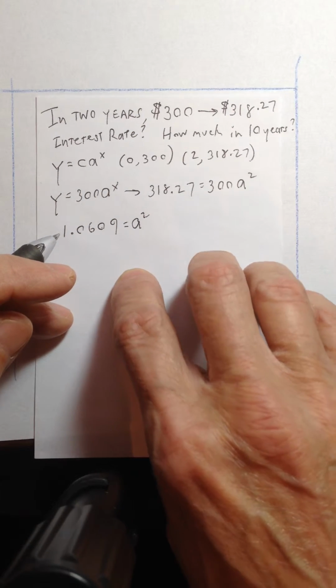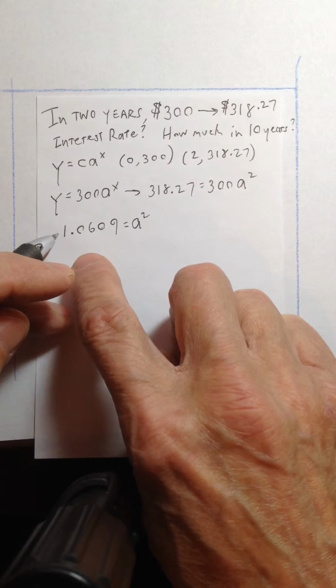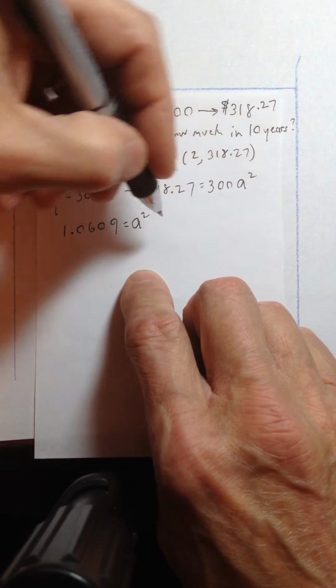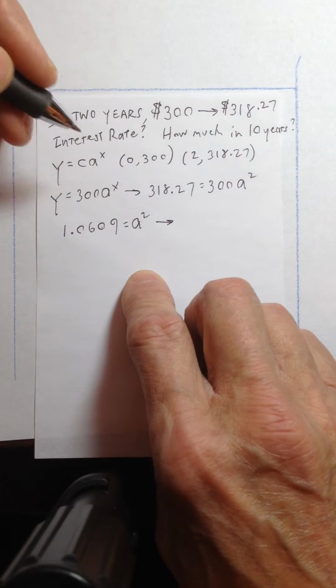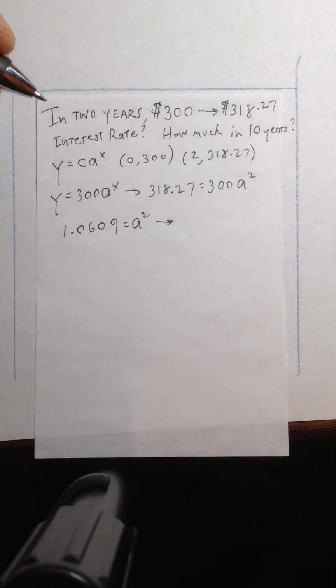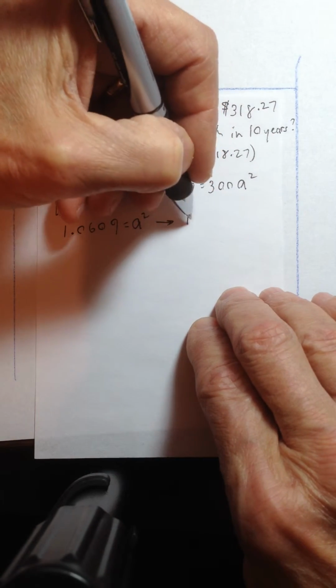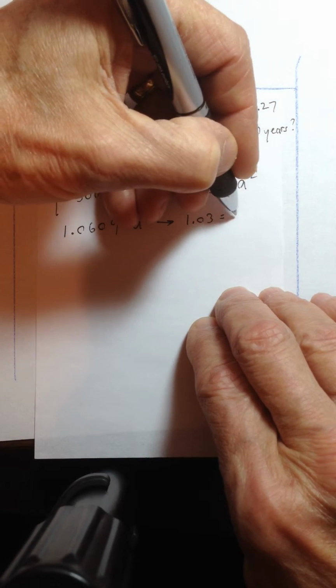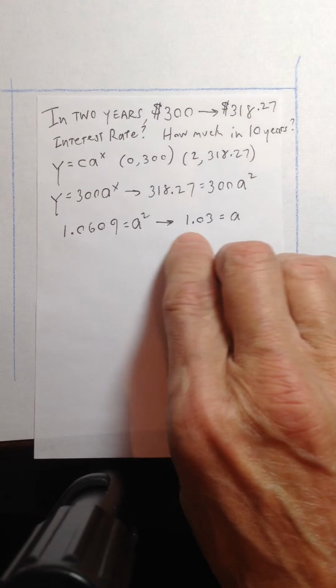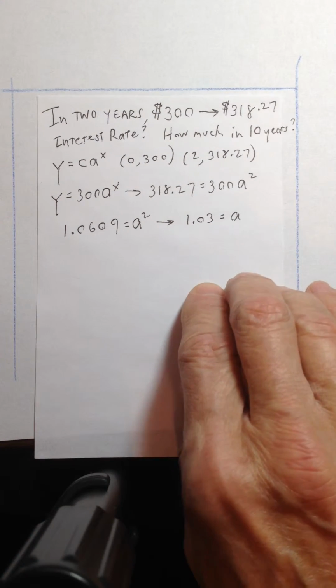So what we need to do now is take the square root of both sides. And if you take the square root of 1.0609, you get 1.03. And you take the square root of a squared, of course, you get a.